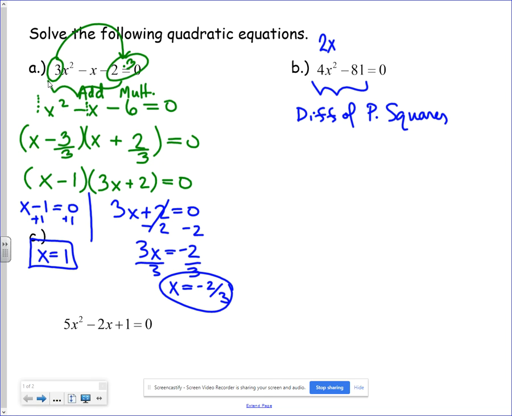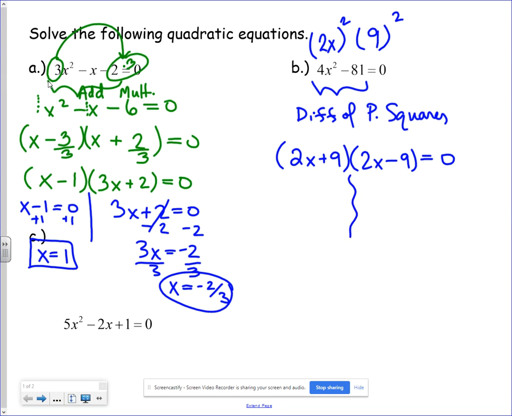Because 4x squared is the same as the quantity 2x squared. 81 is 9 squared. So we could factor 4x squared minus 81 as the quantity 2x plus 9 times the quantity 2x minus 9. And set that equal to 0.